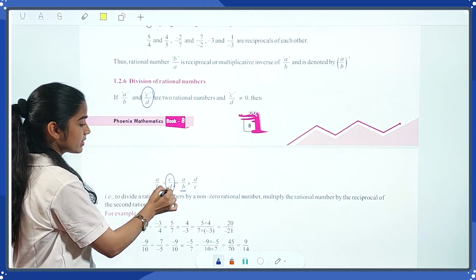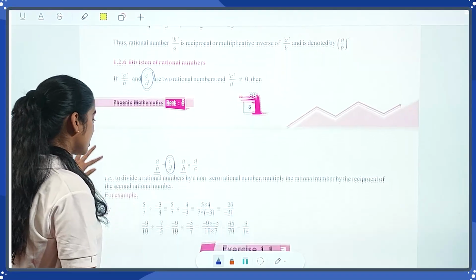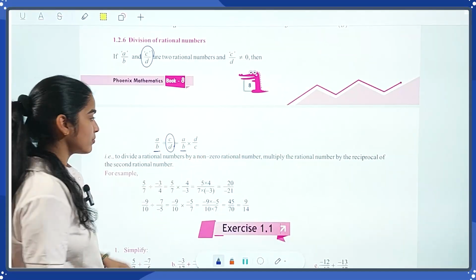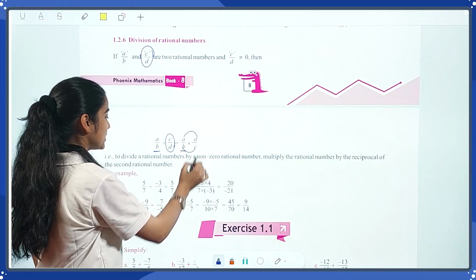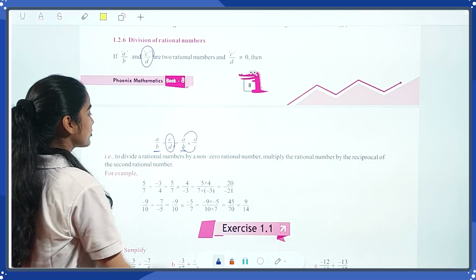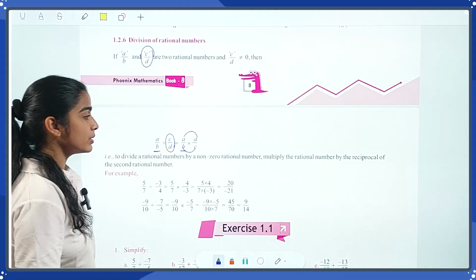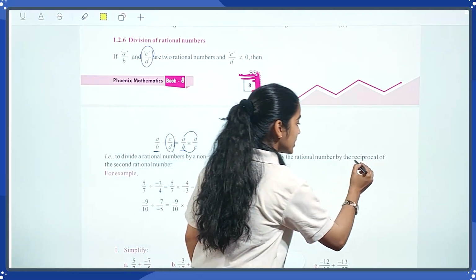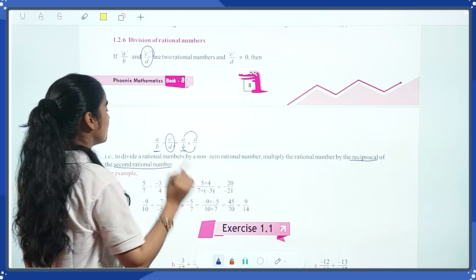So the reciprocal of c by d is d by c. That's it. Now you perform the multiplication directly: a multiplied by d, b multiplied by c. To divide a rational number by a non-zero rational number, multiply the rational number by the reciprocal of the second rational number.